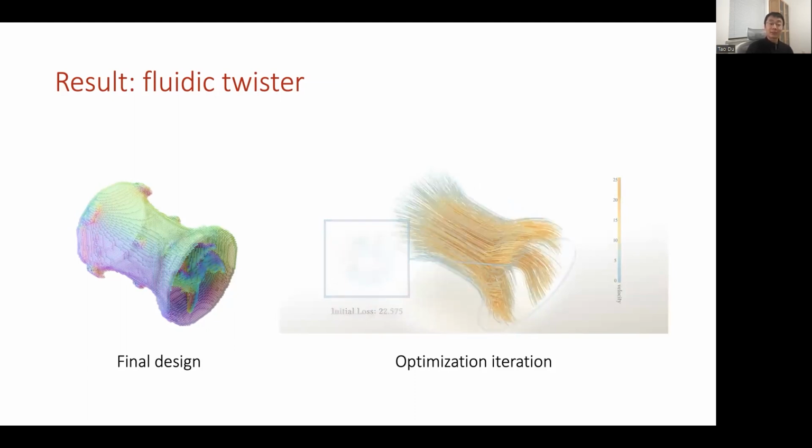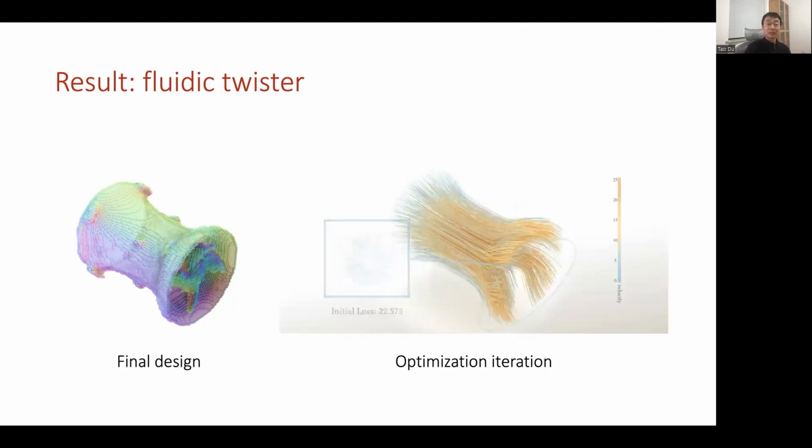And the design intent here is to let the flow pass through the back inlet and go out from the front outlet. And we want the flow to be twisted, meaning we want it to generate non-zero curl.